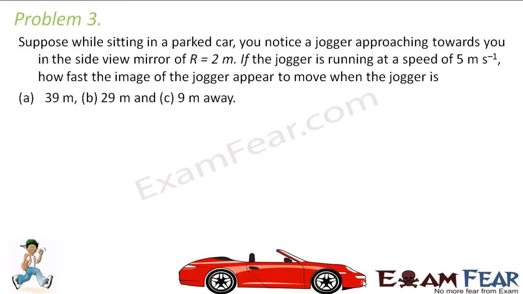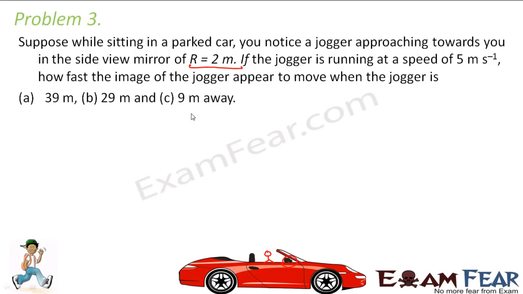So if this is your car, let us suppose you are sitting in this car, and in this mirror you observe that this fellow is running behind the car, right? And the mirror which is used here is a convex mirror with radius of curvature 2 meters. It says that if the jogger is running at a speed of 5 meters per second, how fast does the image of the jogger appear to move when the jogger is 39 meters, 29 meters and 9 meters away.